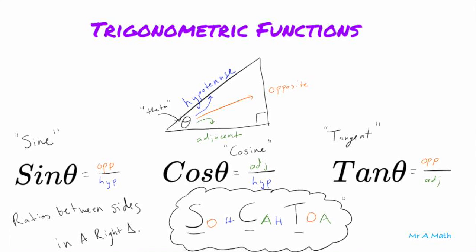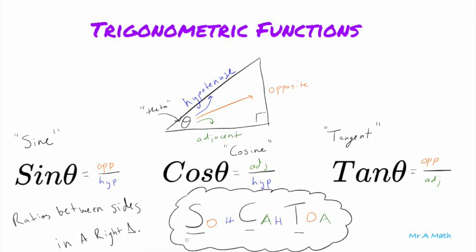And so Sohcahtoa is a really helpful thing to try to remember. It doesn't have any mathematical significance outside of the fact that it's just an acronym to help you remember the order of stuff. It's sort of like PEMDAS with the order of operations. People come up with an acronym like "Please excuse my dear Aunt Sally" to remember the order of operations. Well, this is a really similar thing.